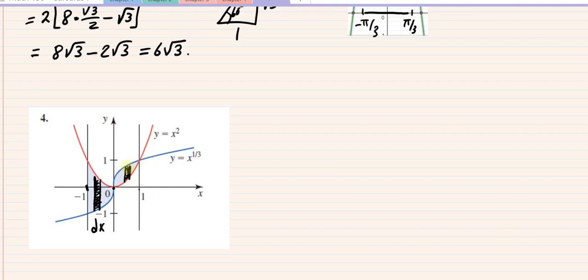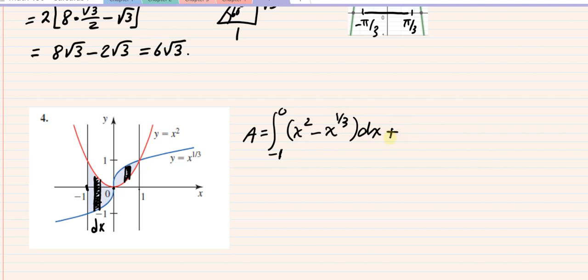And the rectangles have to touch the upper and the lower function. So there you go. For this one, we actually have 2 integrals. The first integral runs from -1 to 0. Those are the limits of integration of the red curve, which is x squared, minus the lower one, x to a third, dx.